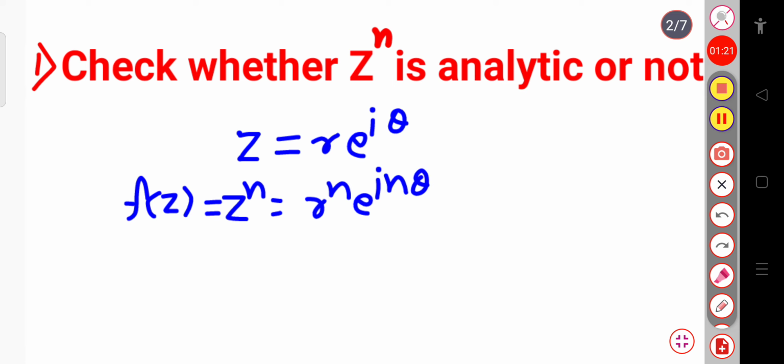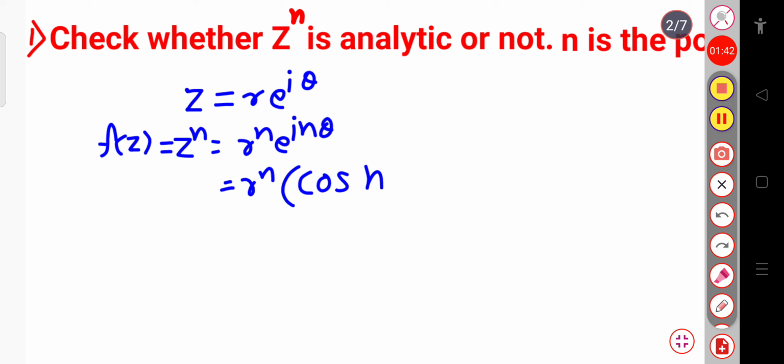Okay. This is just the power. Now we can write this exponential i n theta by using Euler's formula. We can split this. So let us first write r power n into cosine n theta plus iota sin n theta, and this is your bracket close.